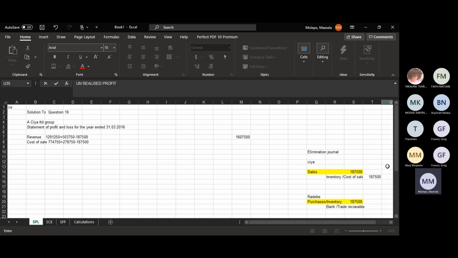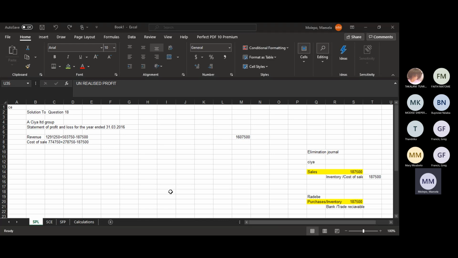Now in the books it should be realized and then we subtract it. The same information will be found again in my notes, the classes that we had on the 21st and the 14th of August. That is where we have the same summary of how we treat the unrealized profit versus the realized profit in the SPL, the SFP and the analysis.